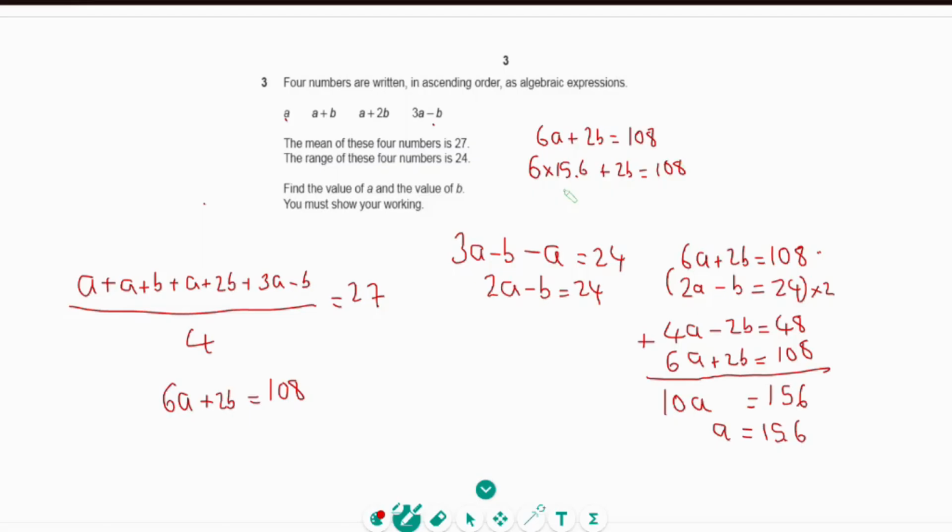I know 93.6 add 2b is 108. I'm going to take 93.6 from both sides, which gives me 2b is 14.4. Divide both sides by 2 gives me b is 7.2. So we've got a is 15.6 and b is 7.2.